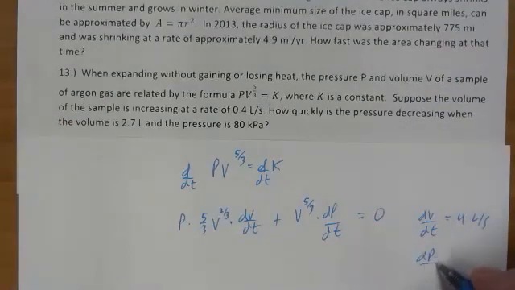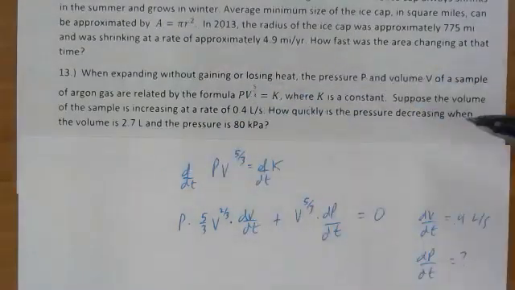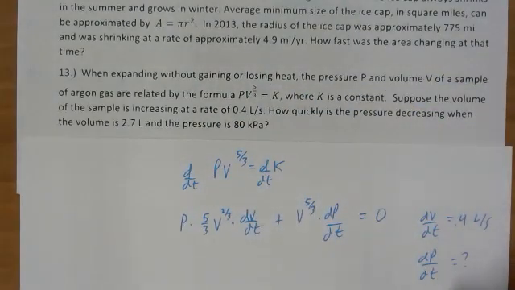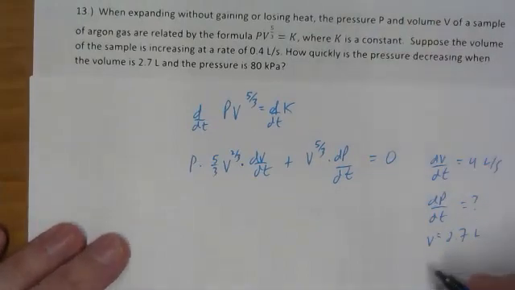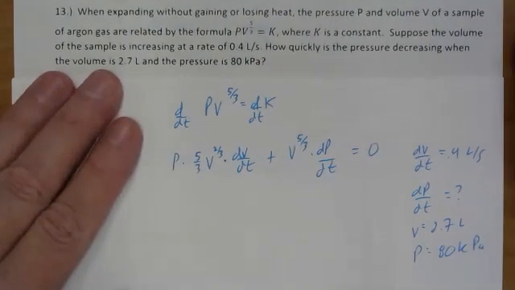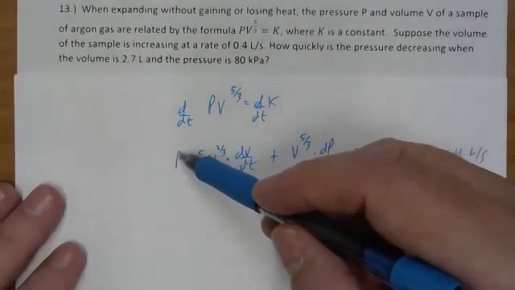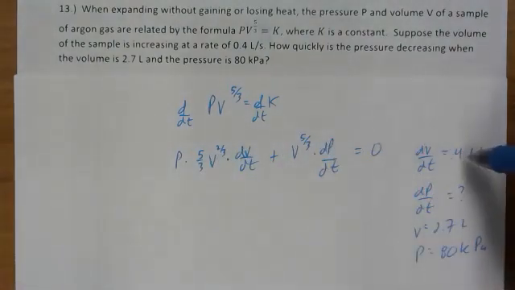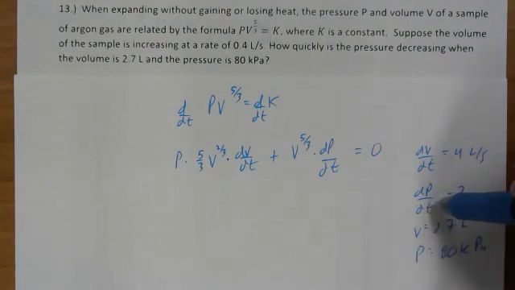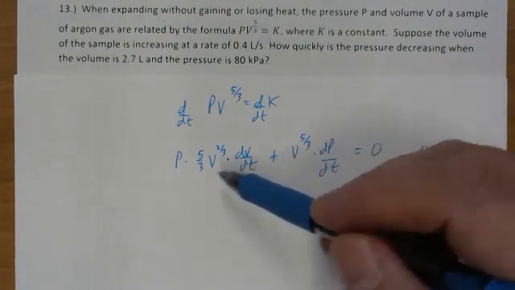So they're wanting to know how quickly the pressure is decreasing when the volume is 2.7 liters and the pressure is 80 kilopascals. So in other words, we got four things: P, V, dV/dt, dP/dt. And they gave us three of them. The only thing they didn't give us is dP/dt, so that's what we're going to solve for.